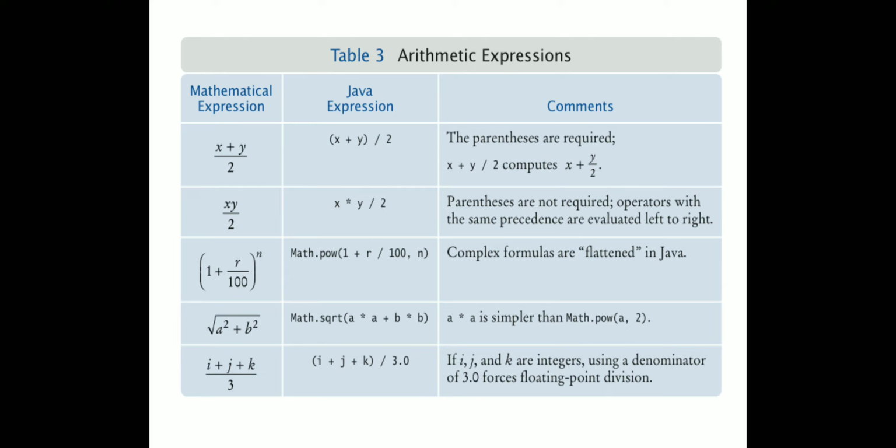If i, j, k are integers, using a denominator of 3.0 forces floating point division. It means the value results as a floating point.